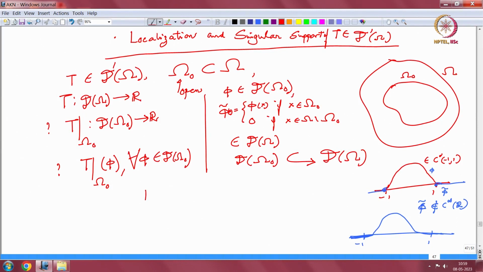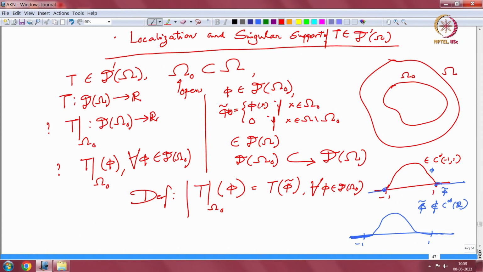So with this, your definition: T restricted to omega naught, later we will not write restriction, is T of phi tilde, because phi tilde is in D omega. This is true for all phi in D omega naught. So you can restrict T to any given open set. This is the localization kind of thing you do.